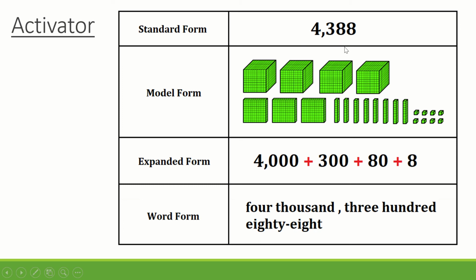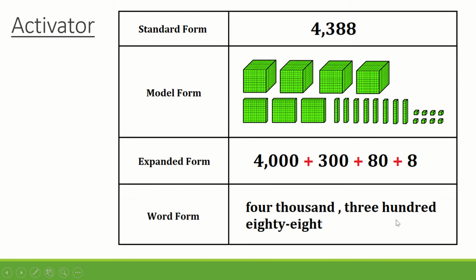This 8 has a value of 80. And this 8 has a value of 8. And so once we have those values written out, we can place plus signs in between the value of each digit, and we have at that point constructed the number in its expanded form.